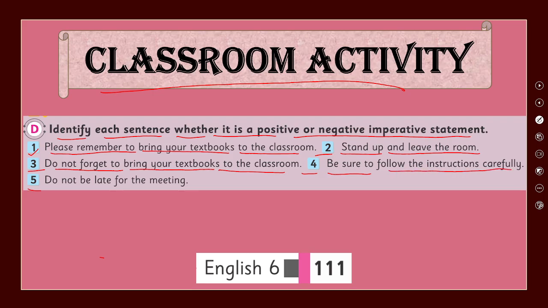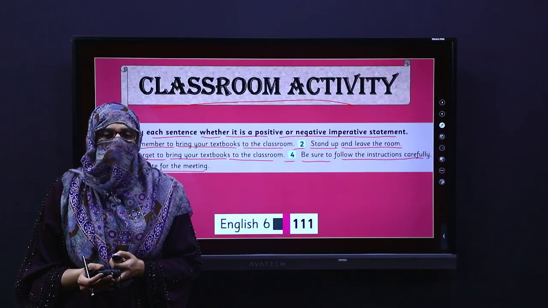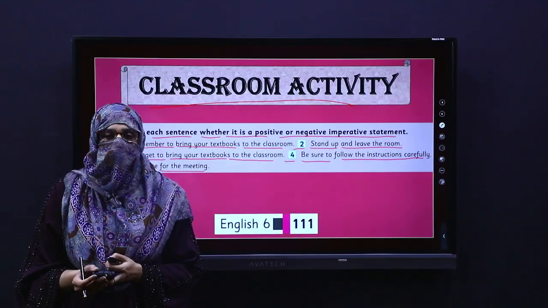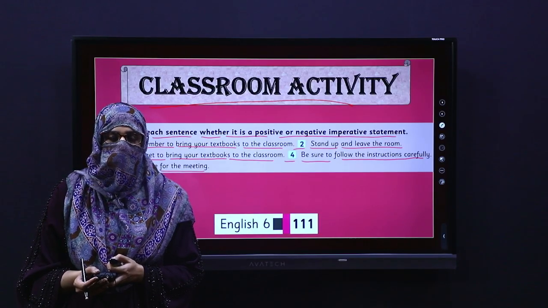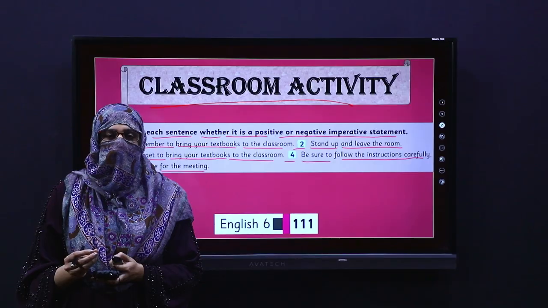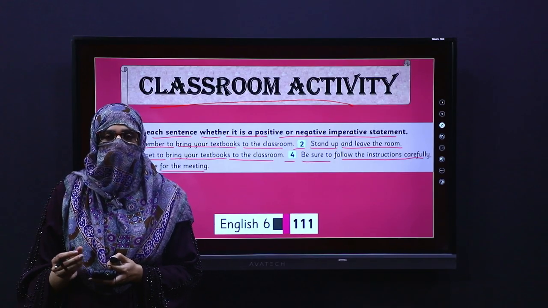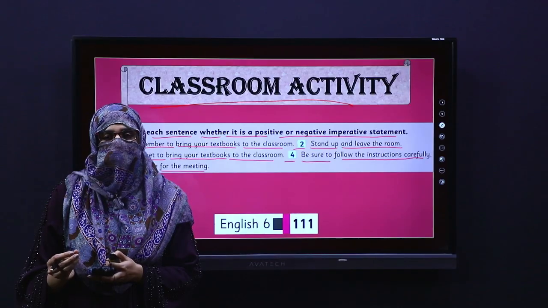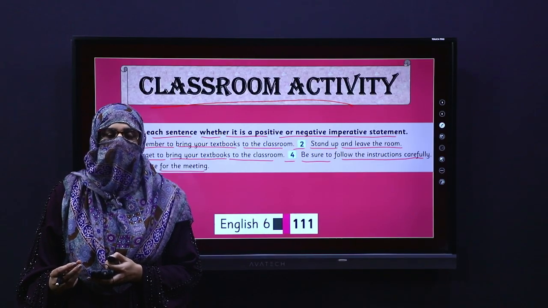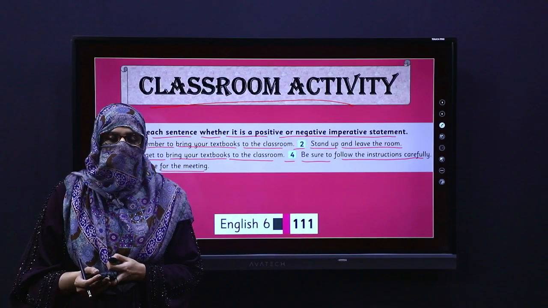The fifth is, do not be late for the meeting. So, you can very clearly understand in the last sentence, do not be late for the meeting. A person is being asked to obey or follow a specific instruction. So, this is a negative imperative sentence.